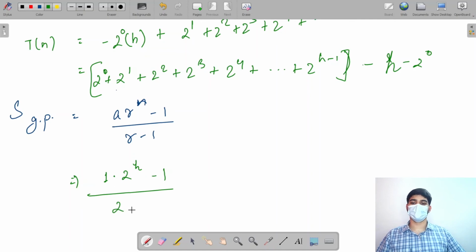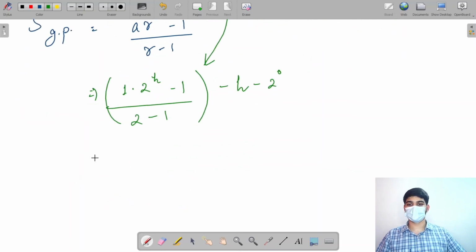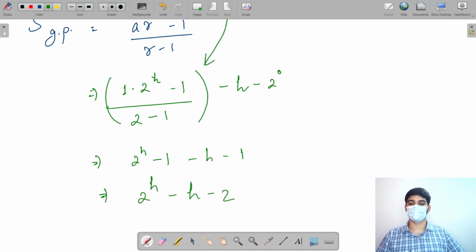If we see down here, we have 2 as ratio and we subtract 1. So this is my sum of GP. So this entire term is now equivalent to this, minus we have h minus 2 raised to the power 0 over here. If we solve this, what we have is 2 raised to the power h minus 1. This becomes 1 minus h minus 1, right? So we have 2 raised to the power h minus 2, right?